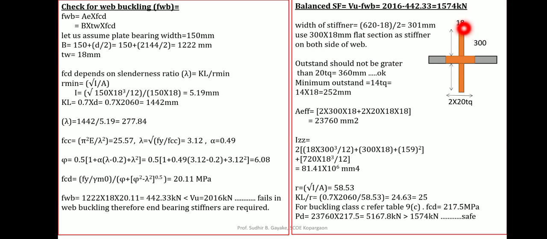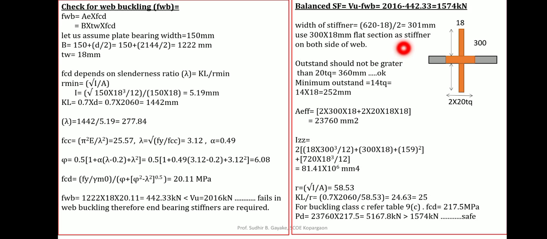This outstand will be 300, and from the other side also 300. The outstand should not be greater than 20 times t, and should not be less than 40 times t. According to it, you should select a value between 252 and 360. Suppose we adopt 300 mm.